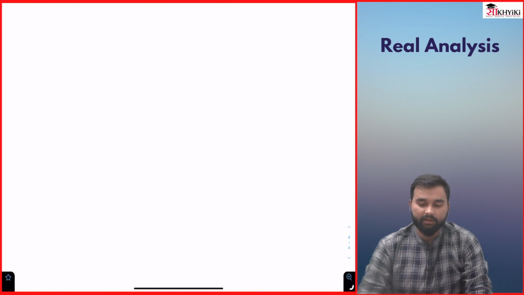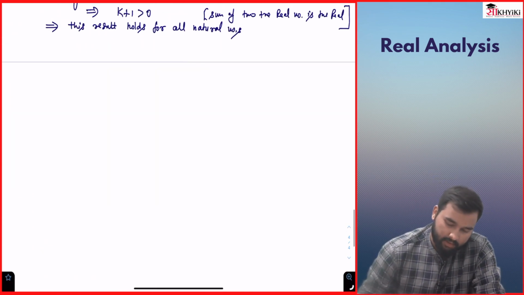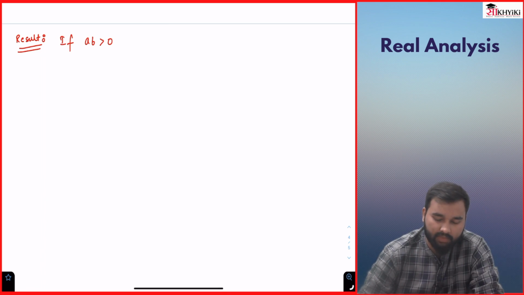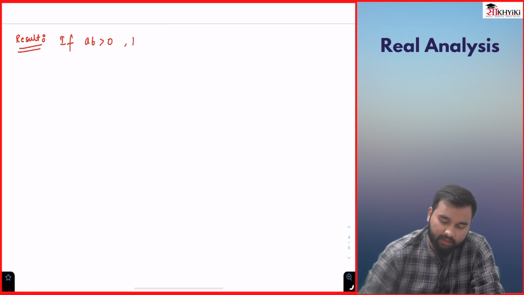Next, we have a very important result. It is very, very important. Which states if the product of two real numbers A and B is greater than 0, then both A and B have the same sign.